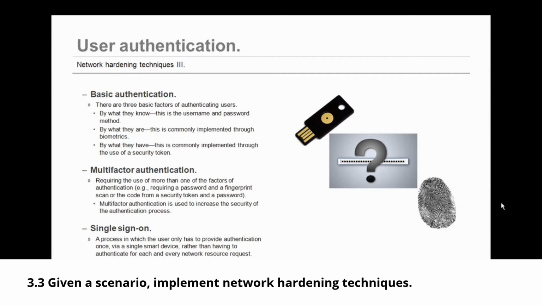Multi-factor authentication is used to increase the security of the authentication process. You might also implement a single sign-on process. It's a process in which the user only has to provide authentication once via a single smart device rather than having to authenticate for each and every network resource that they request.